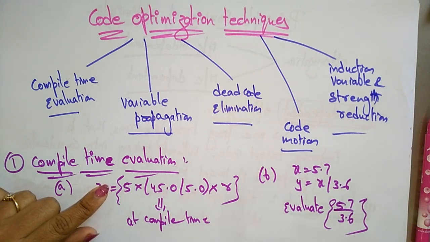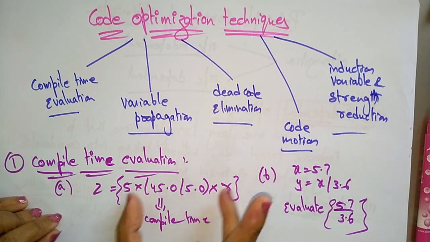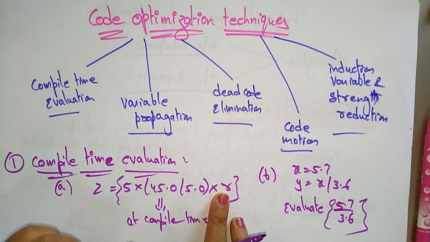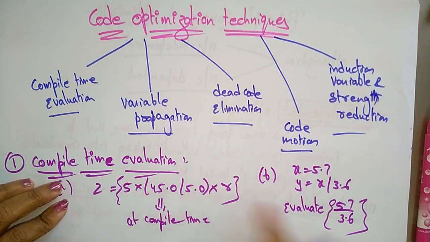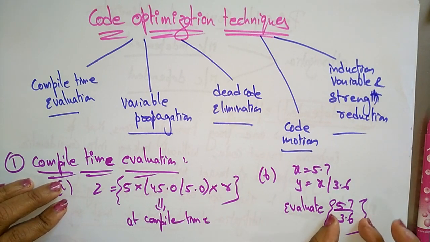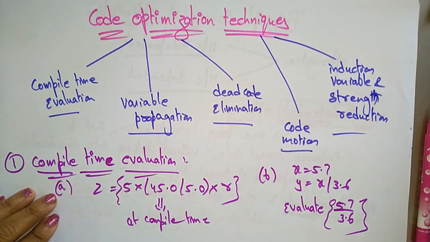So this is compile time evaluation. Whatever we want to be executed will be executed. If you want to insert any values for a variable, it inserts and executes. Directly it is evaluating.